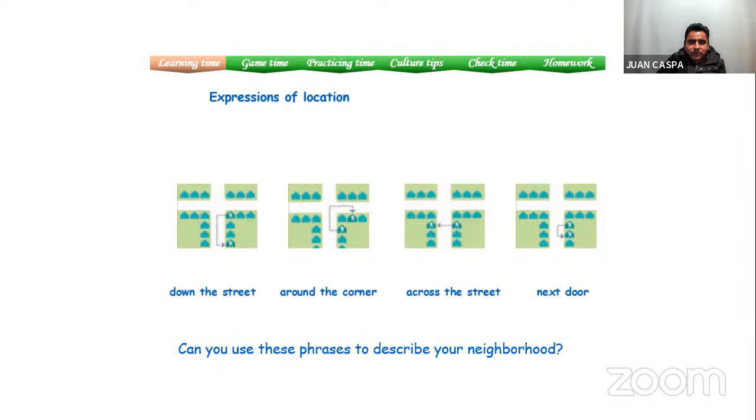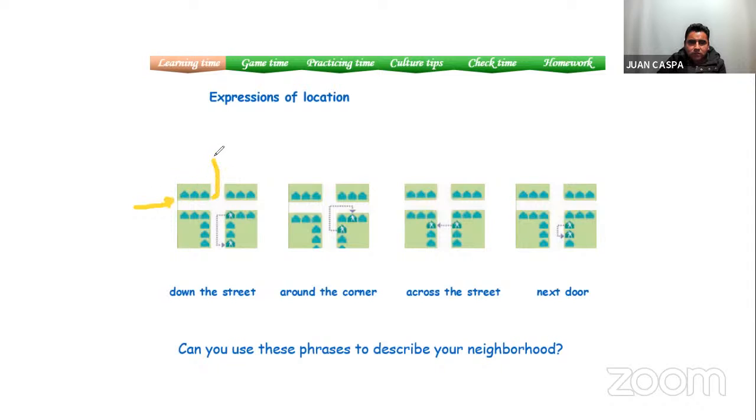Can you use these phrases to describe your neighborhood? Yes, right? Example, especially when we use imperatives in English. Okay, imperatives we can say go straight, right? Ve directo.